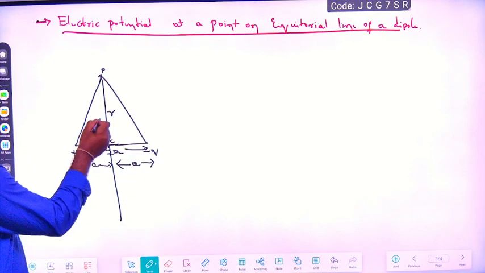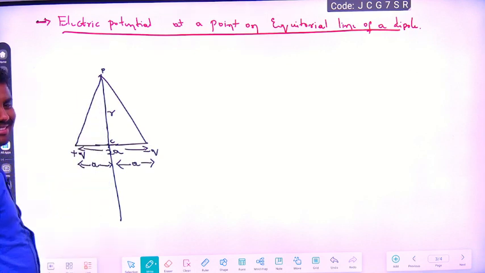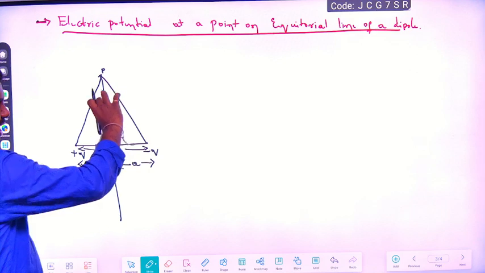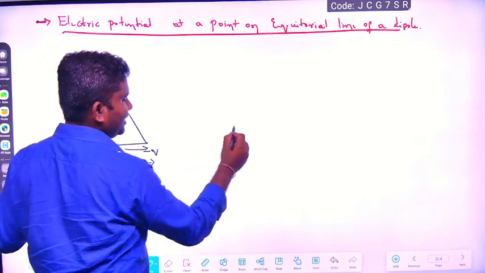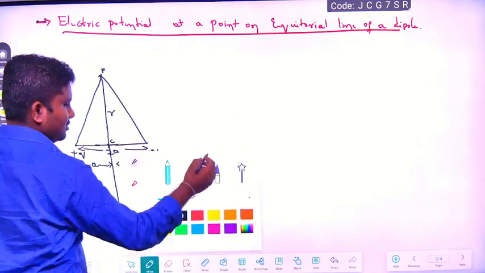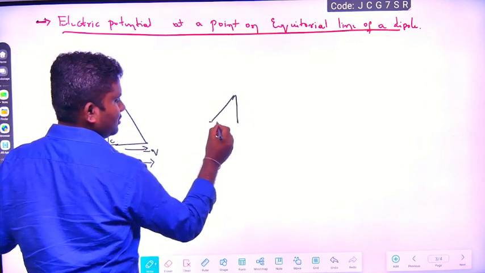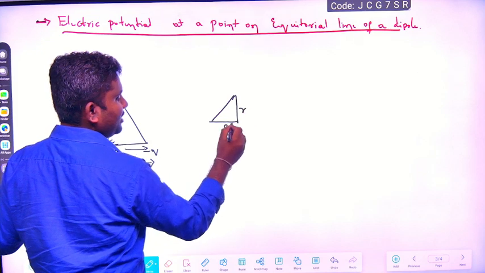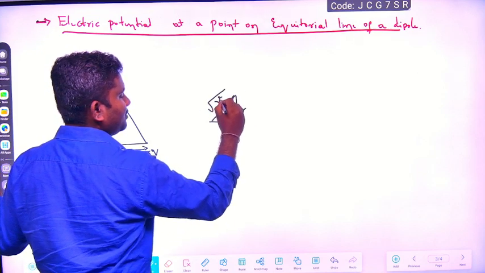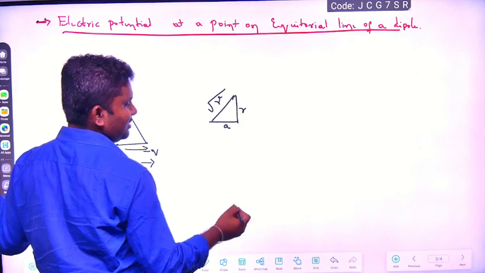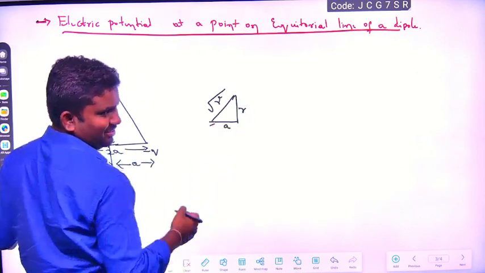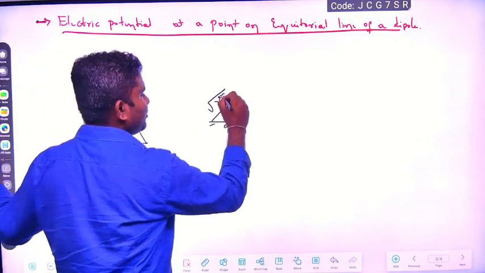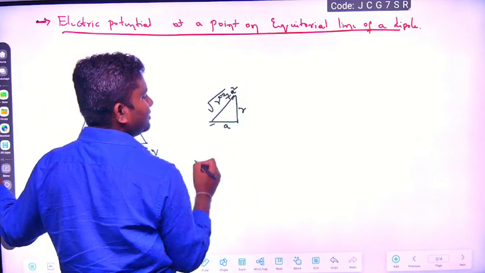If this is r and this is a, what is this distance? By Pythagoras theorem, AC square equals AB square plus BC square, which is r square plus a square.